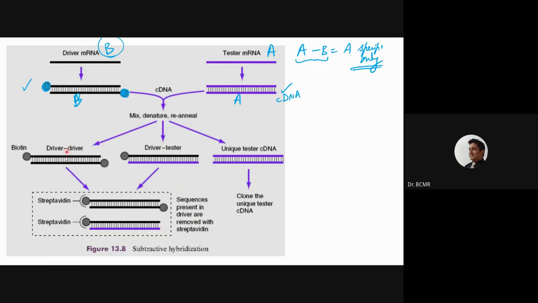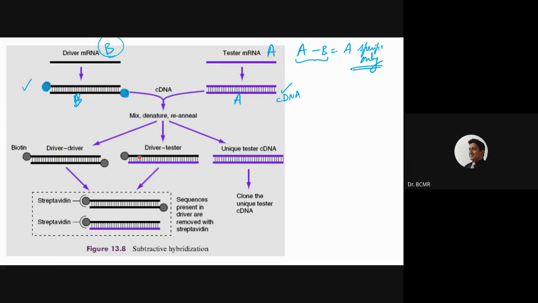Those that are specific here, what you may have is the top strand may find the bottom strand, and it might find my driver like this. A double-stranded cDNA, both derived from cell type B, as in this case. In some cases, when you have genes that are common between cell type A and cell type B, they may form hybrids like this.